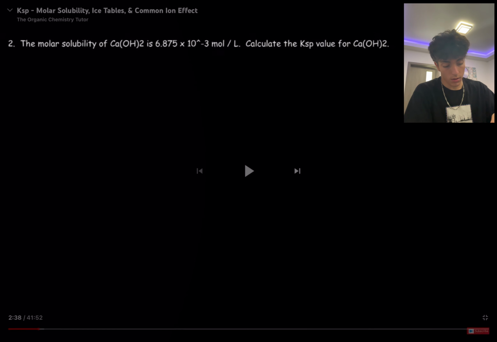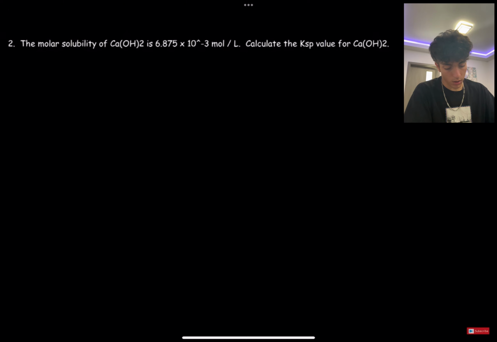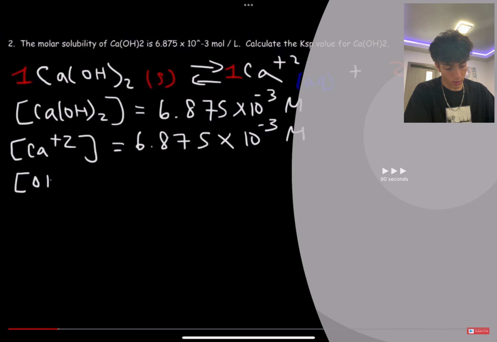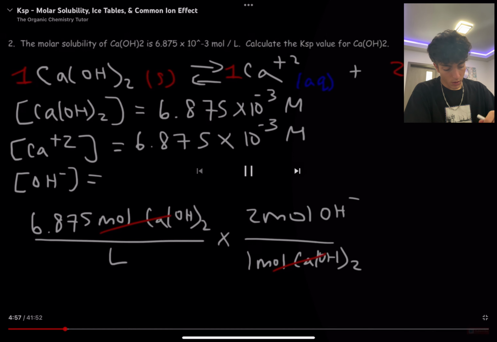So calcium hydroxide, how I would do this, I'm just going to quickly do this as the last question, is this would dissociate into calcium and hydroxide, and there's 2 of the hydroxide, right? So then it gets a 2x, right? So 2x squared, then we divide it. Here, let me move this a little bit. So it's 6.875.